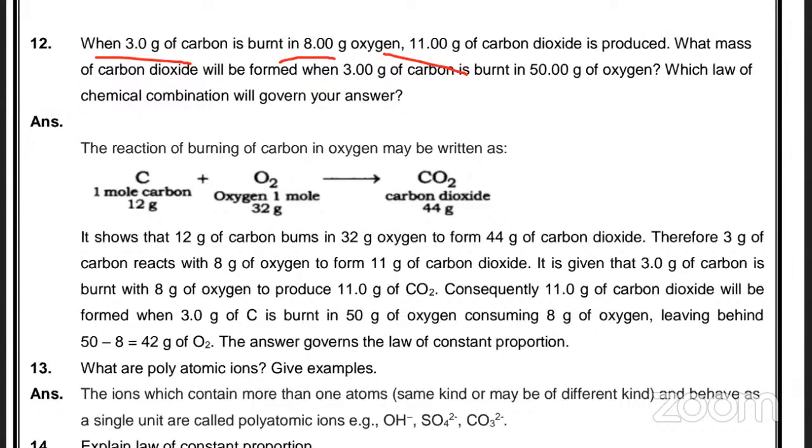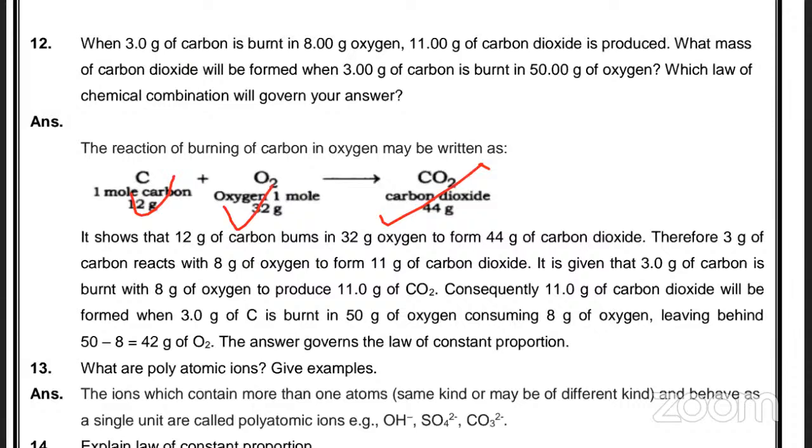Which law of chemical combination will govern you? See here. If you write this equation with their masses, 12 grams of carbon reacting with 32 grams of oxygen gives 44 grams of carbon dioxide.